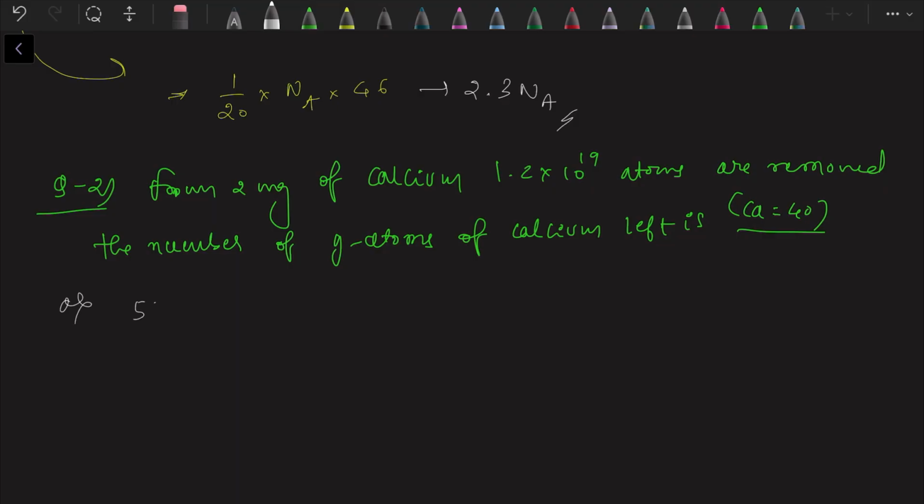Option A 5 into 10 to the power of minus 5. Option B 2 into 10 to the power of minus 5. Option C 3 into 10 to the power of minus 5. Option D 5 into 10 to the power of minus 5. Keep solving the question. We'll discuss.